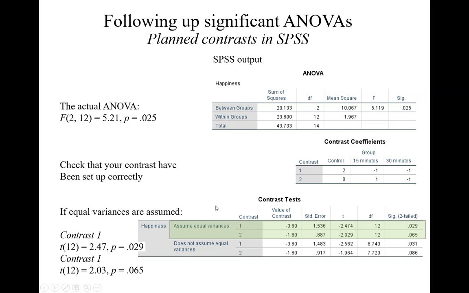So in previous weeks we've included the bar graph, which shows who's higher than the other, and I recall that the control group had the lowest happiness levels, followed by the 15 minutes and the 30 minutes. So the 15 minutes and 30 minutes were not significantly different, but because we know that they have higher happiness scores, we can say that the puppy therapy significantly increases happiness scores more than the control group.